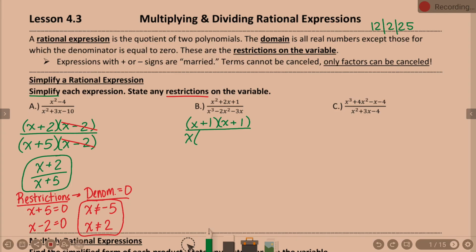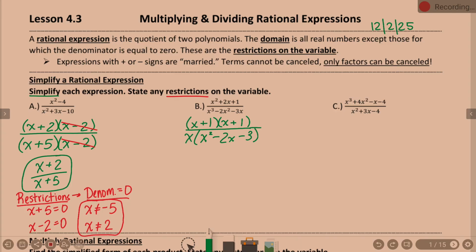If you factor out that x cubed, divide an x away becomes x squared, minus 2x squared, divide an x away becomes 2x, minus 3x divided by x is minus 3.